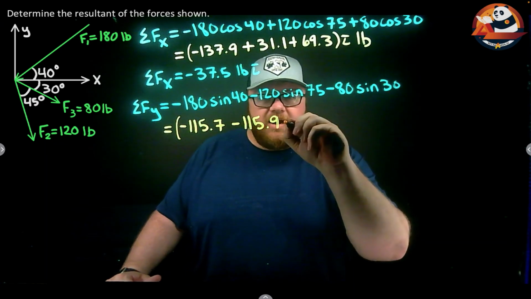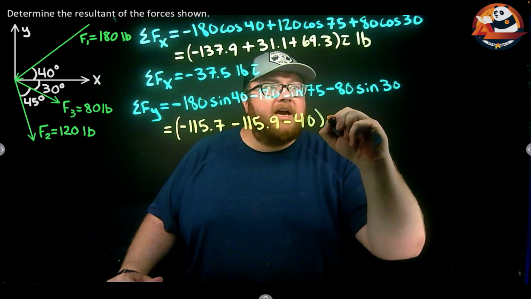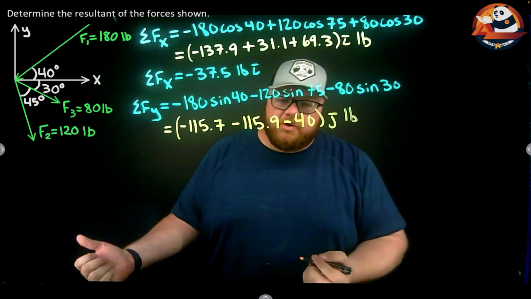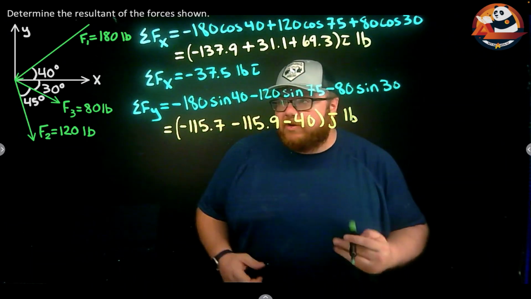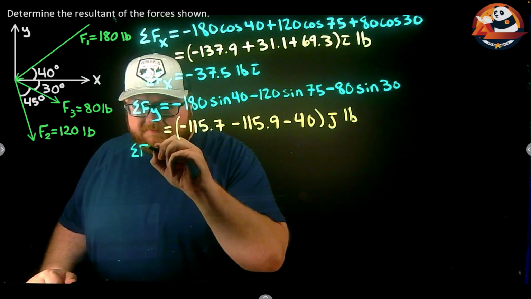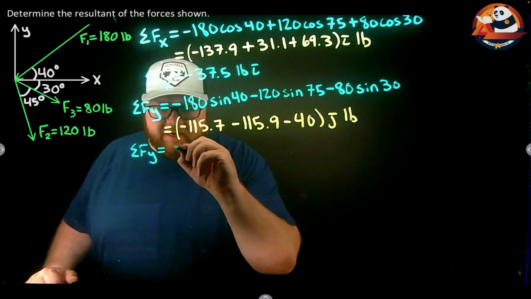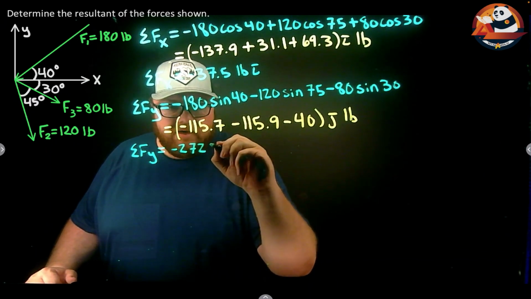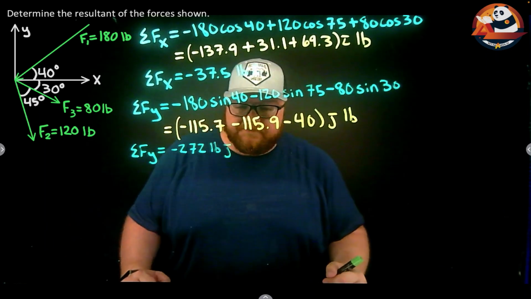And then negative 80 sine 30 will get us minus 40. And that would be J pounds, the J because we're working with our Y components. If we add all of that up, we should get that my total sum of the forces in the Y direction is negative 272 pounds in the J direction.